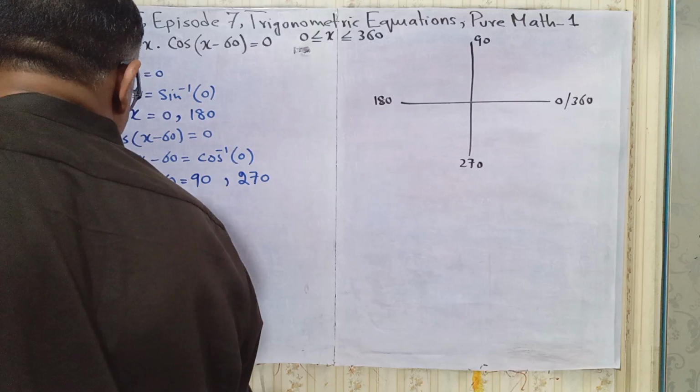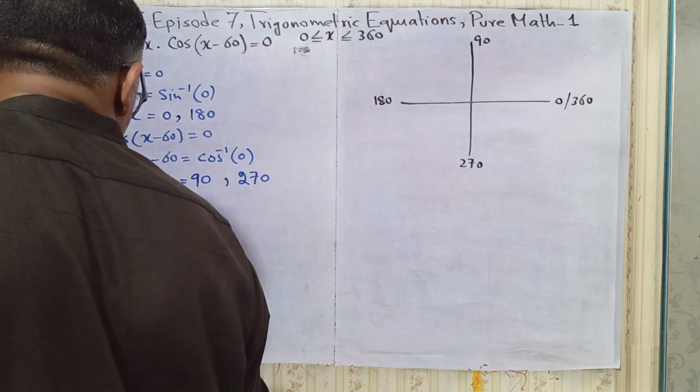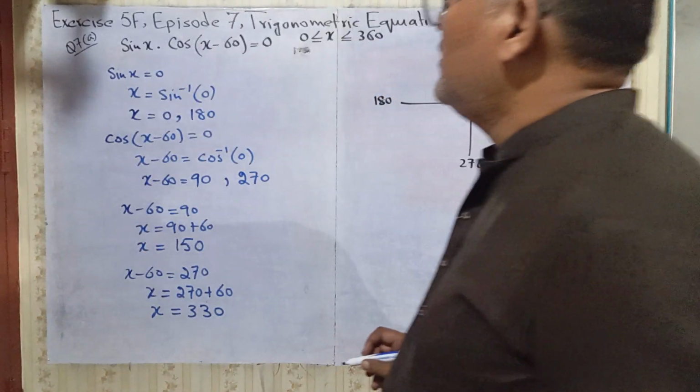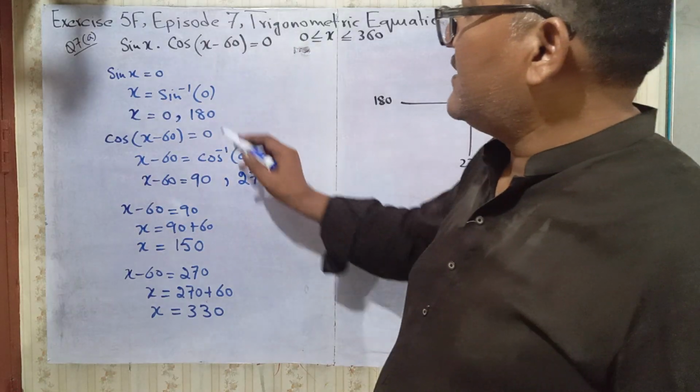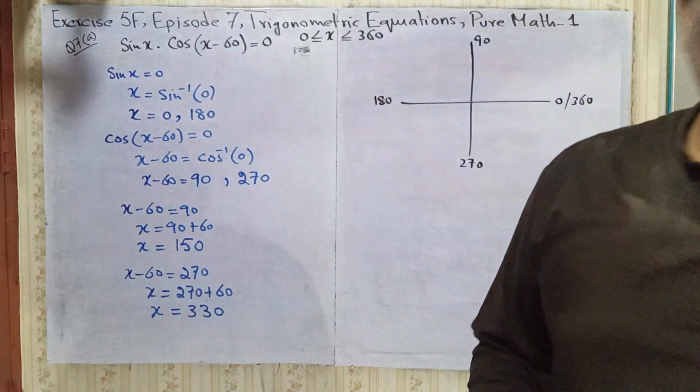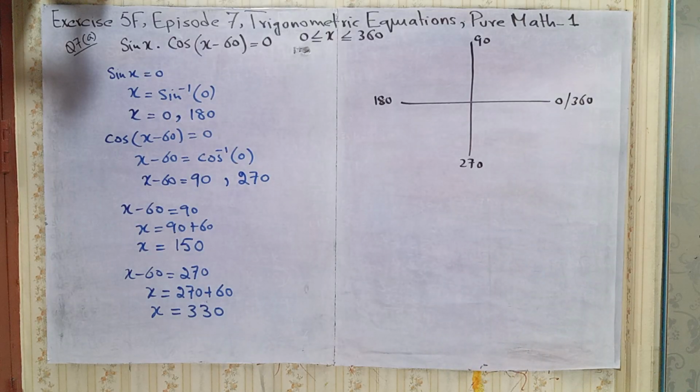When you add them, you get 330. So I think the answers are 0, 180, 150, and 330. And let's check. It's 0, 150, 180, 330, and 360 also.